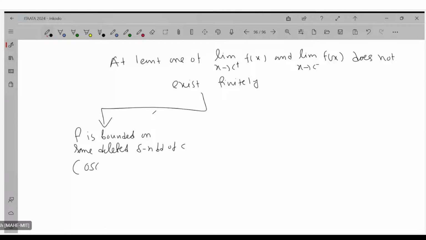Oscillatory discontinuity. Okay, and we can calculate the oscillation, and oscillation will give you a finite value.